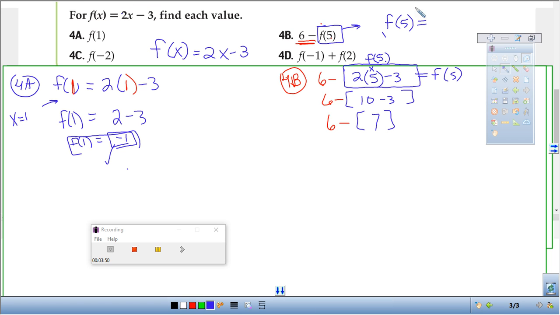Imagine this is f of x, which is 2x minus 3. But here it says change the x to a 5. So I go over here: 2 times 5 minus 3. You see this part is what I wrote in here. Jose, you see it now? Don't worry, in the beginning it's kind of like, oh, what? You have to keep track of all this stuff, but it's not too bad. Regarding this blue part, I was supposed to get f of 5, and f of 5 turns out to be equal to 7, right?